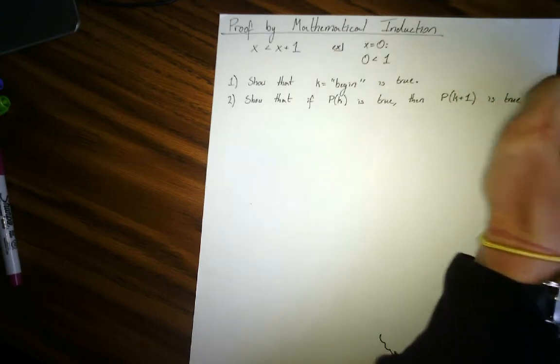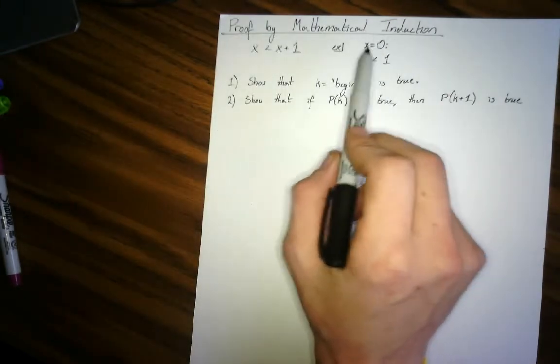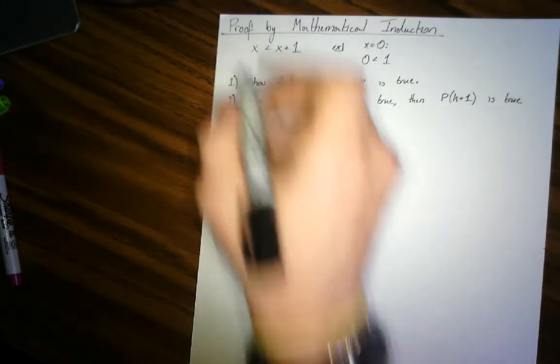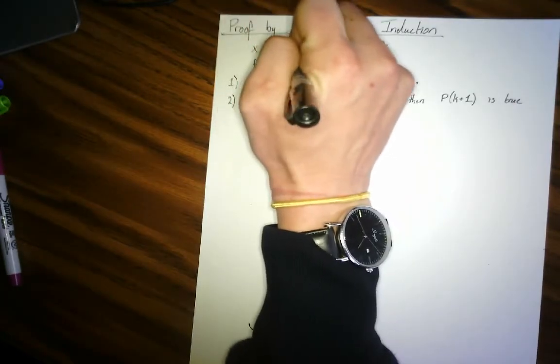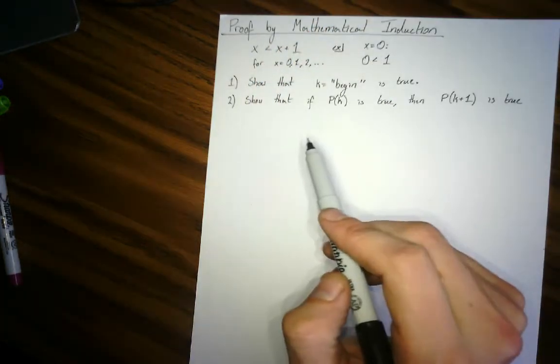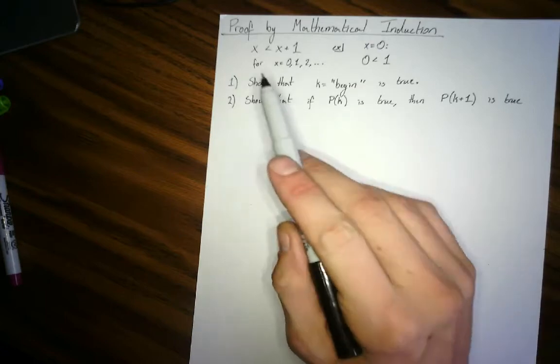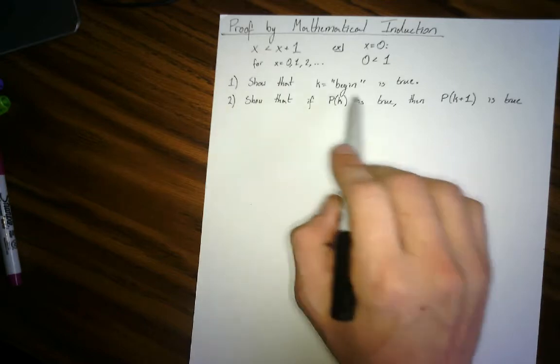Another way we could show this is by saying, if we know x is less than x plus 1, we can assume that that is true.